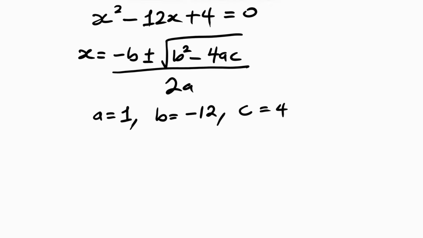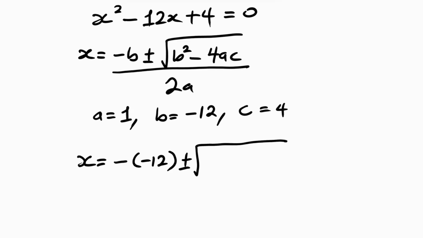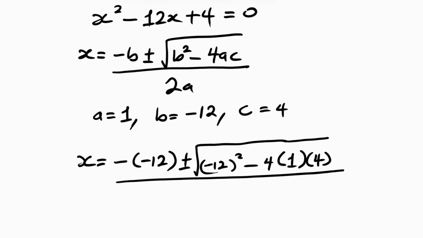So let's just plug in these values into the equation. And now we have minus minus 12 plus or minus the square root of minus 12 squared minus 4ac, divided by 2 times 1.